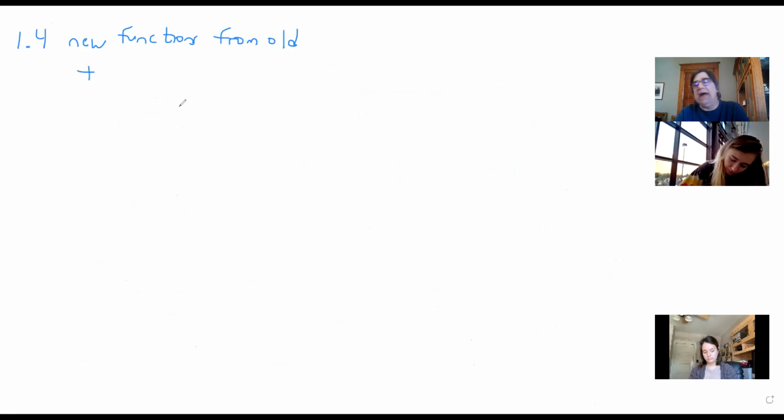You can add functions together, you can subtract, you can multiply, you can divide. So the usual operations. There's one way to form a new function from an old function that's not really corresponding to any of our usual operations. We'll show you how that works.